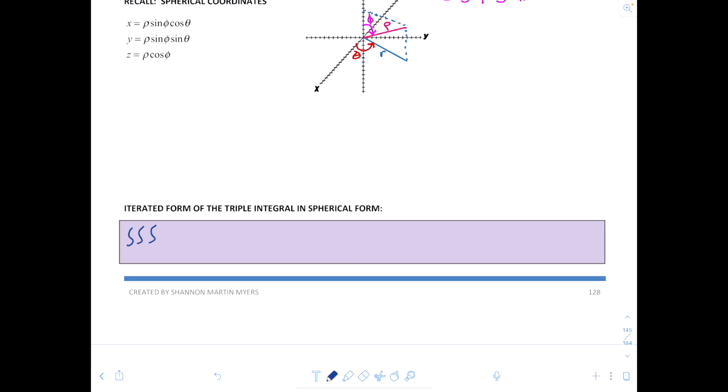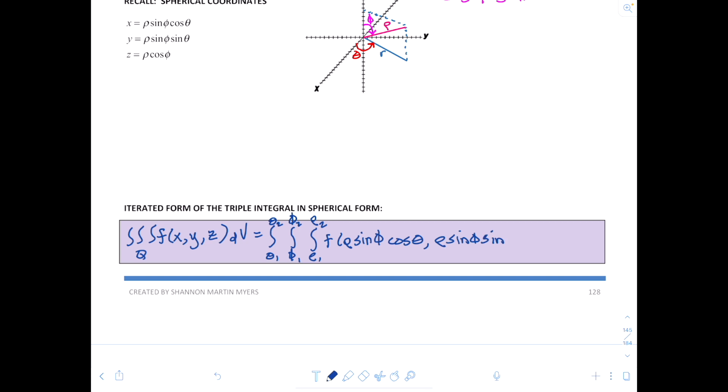So you would have our region Q, or really a volume Q, and then you'd have f of x, y, and z dv, and that's going to equal the integral from theta 1 to theta 2, the integral from phi 1 to phi 2, and the integral from rho 1 to rho 2, and then f at rho sine phi cosine theta, that's our x, and then remember that our y is rho sine phi sine theta, and then our z is rho cosine phi.